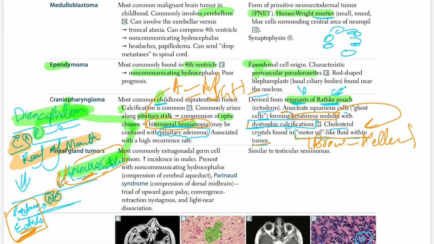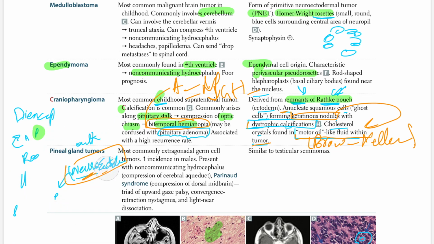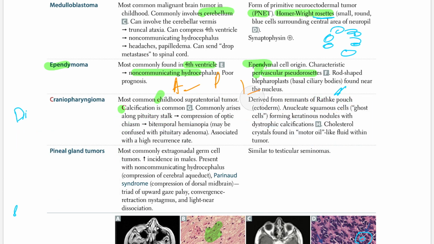The next is about pineal gland tumor. Pineal gland tumor is most commonly an extragonadal germ cell tumor. Increased incidence in males. Presents with non-communicating hydrocephalus due to compression of the cerebral aqueduct.